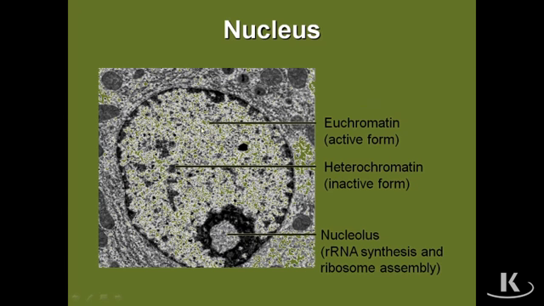And you'll note first off that in the EM, the dominant feature of a nucleus is its chromatin content. And certainly in a typical active protein-producing cell, euchromatin is going to be much more prevalent than heterochromatin, because euchromatin is the active form of chromatin, and it constitutes in a typical protein-producing cell about 90% of the available chromatin, whereas heterochromatin, the more electron-dense form of chromatin, black, shown in this micrograph, is the inactive form.